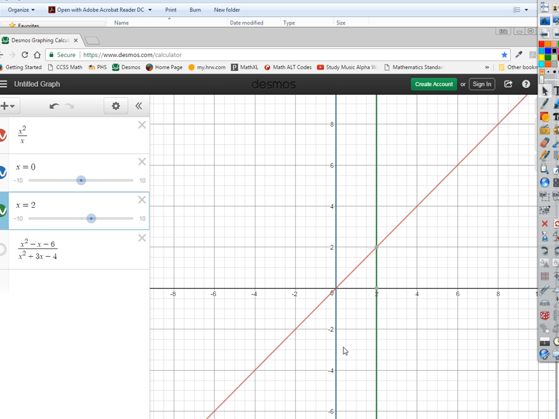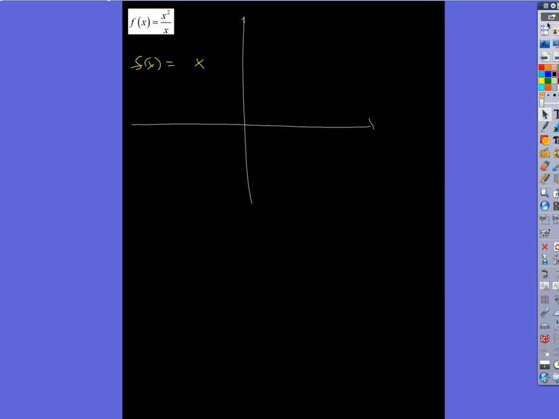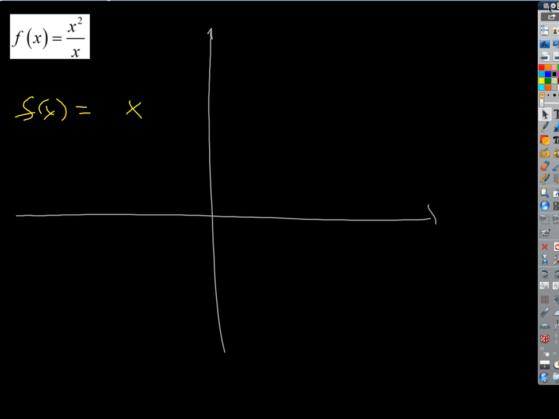So there's no intersection. That means the blue vertical line at x equals 0 must be passing through, perfectly hitting a hole in the red function and passing through without intersecting. Okay, so that implies something really important here. That implies that we did something not quite right. F of x is not equal to x.